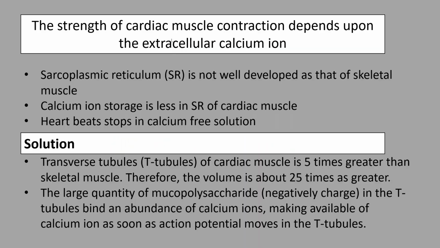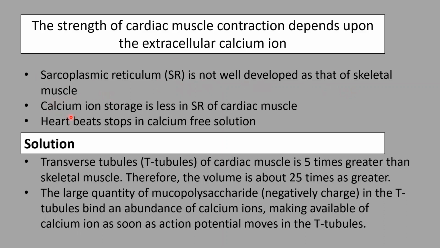The strength of cardiac muscle contraction depends upon the extracellular calcium ion concentration. And why does cardiac muscle have to depend on it? Because the sarcoplasmic reticulum of cardiac muscle is not as well developed as in skeletal muscle.